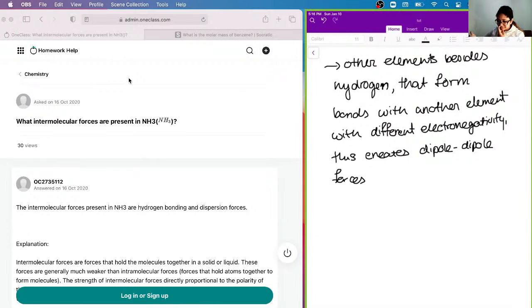The electronegativity difference also creates partial charges on different sides of the molecule.